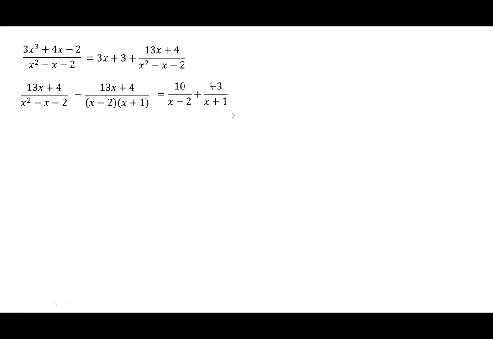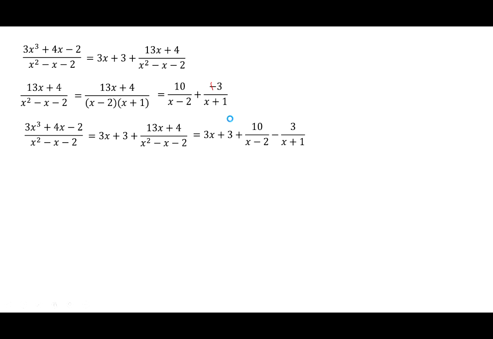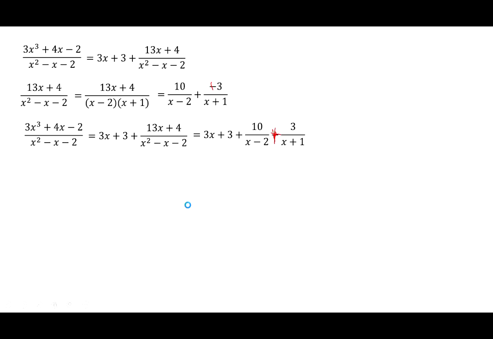So that should be a +3 there. So let's make this into a plus. And we integrate every one of those terms. Okay, that's the idea. So you got to learn how to do long division.